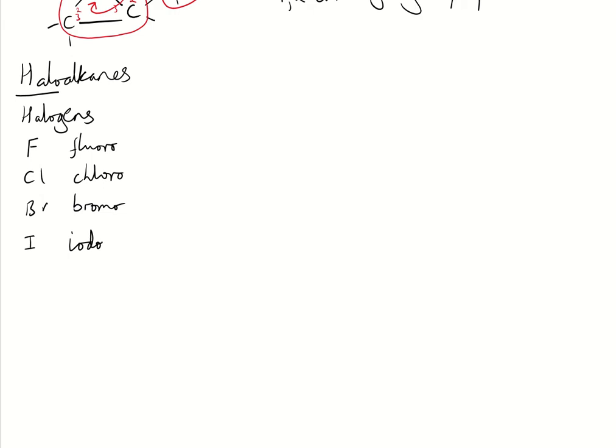So we'll again just jump straight into an example and it's fairly clear to see. And what I'm going to do is just have an alkyl branch in there as well.